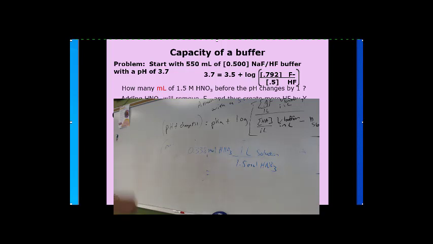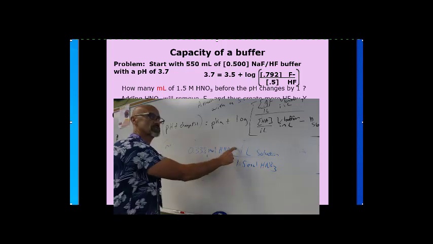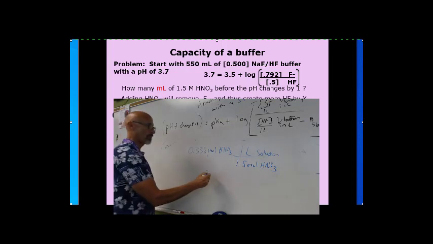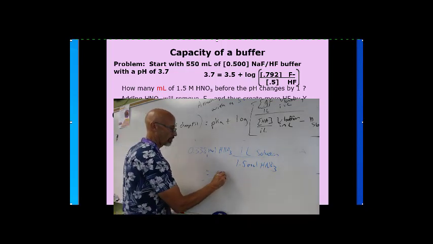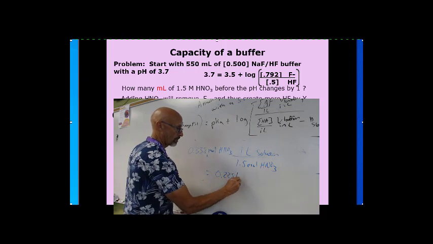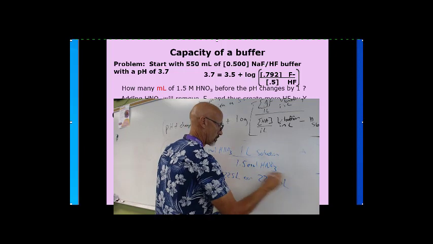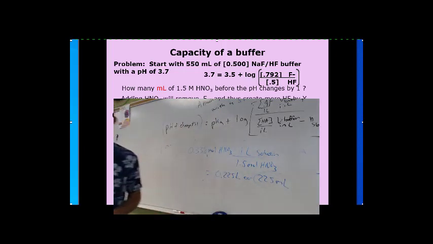Or since it's asking for the answer in milliliters, you can make this 1,000 if you want, right? What's the final answer? 0.225 liters, or 225 milliliters. That's your capacity formula.